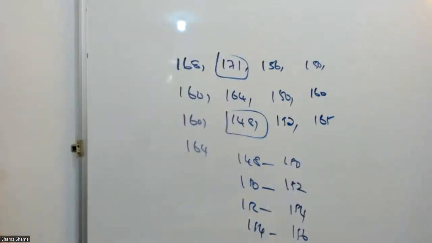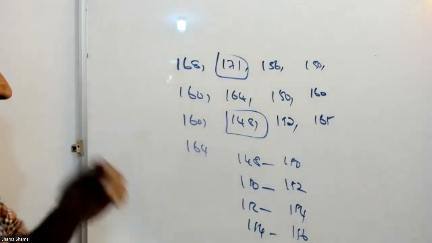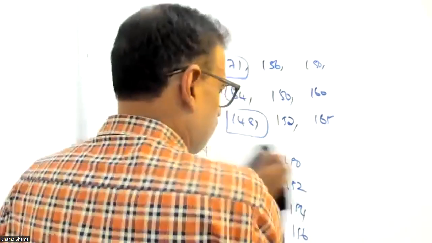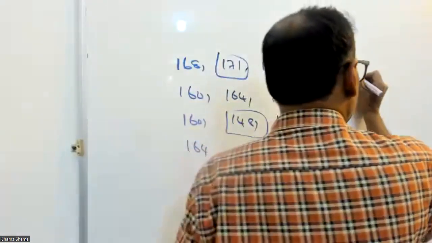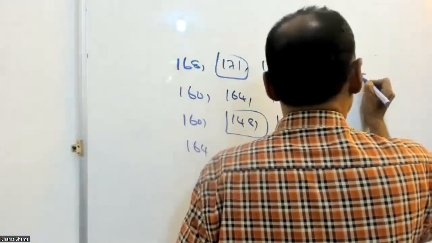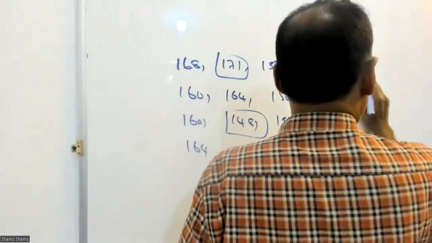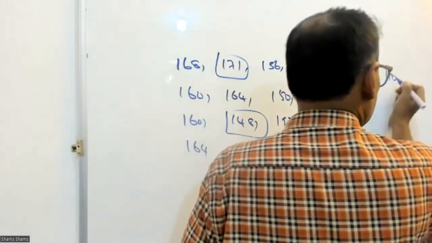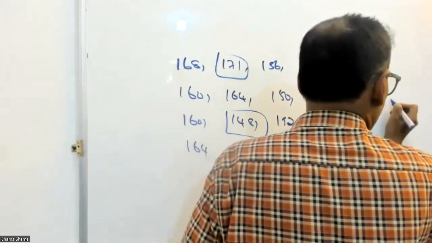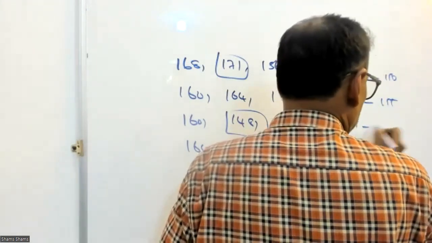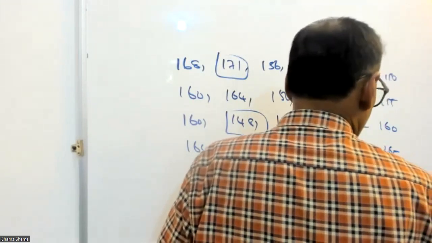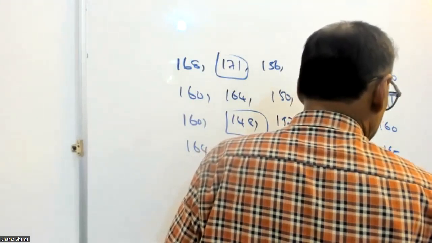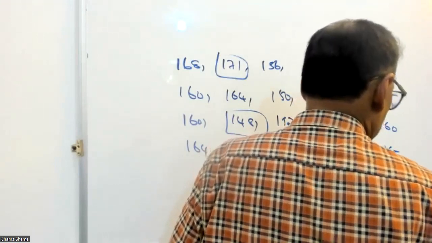We can make the class a little bigger: 145 to 150, 150 to 155, 155 to 160, 160 to 165, 165 to 170.